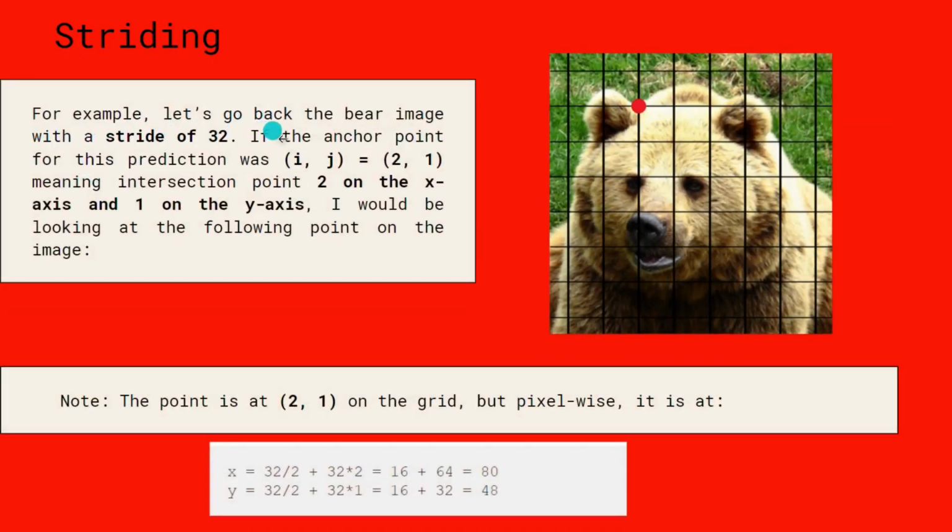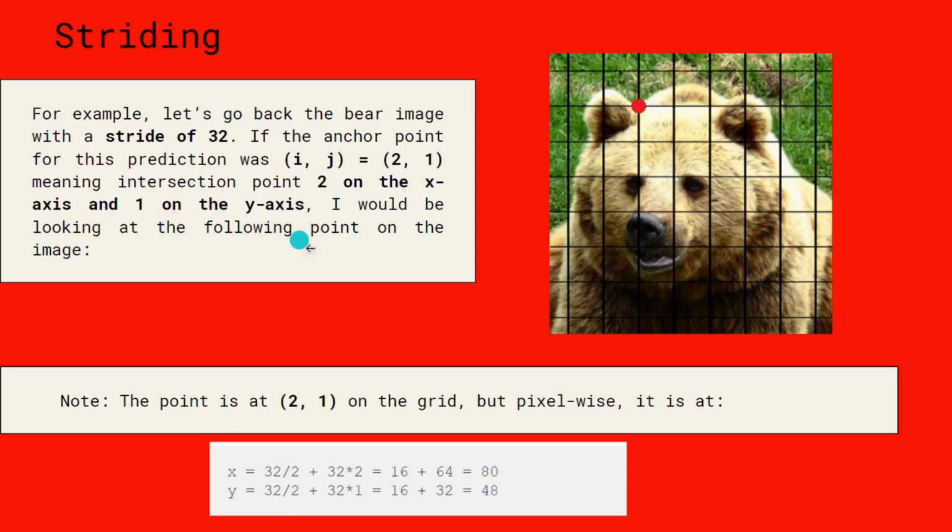For example, let's go back to the bare image with a stride of 32. If the anchor point for this prediction was ij, and this is this point as we can see on the figure from the right, and let's say the i variable is assigned to 2 across the x-axis because we moved 2 boxes to the right, and since we just moved 1 box from above, let's assign a value of 1 to j, meaning the intersection point 2 on the x-axis and 1 on the y-axis.